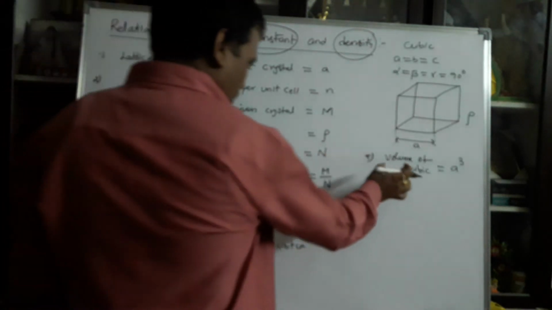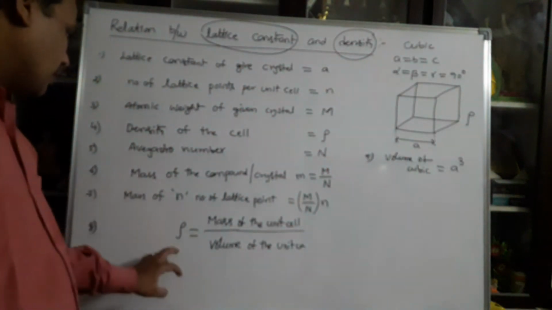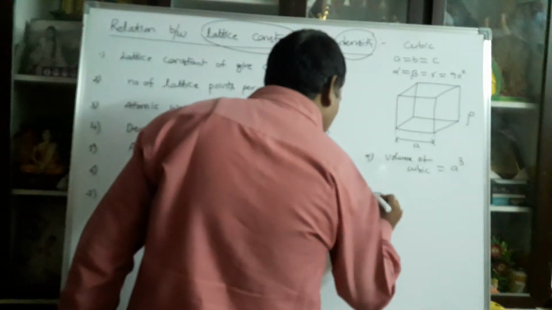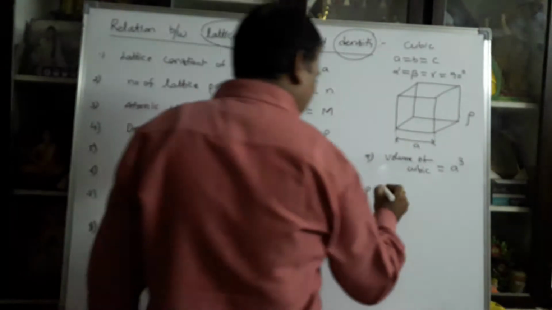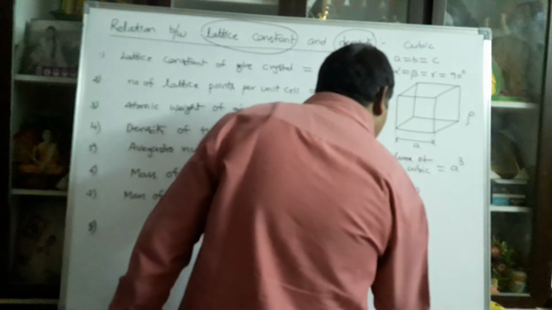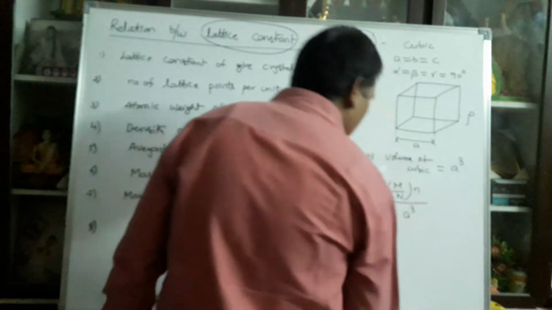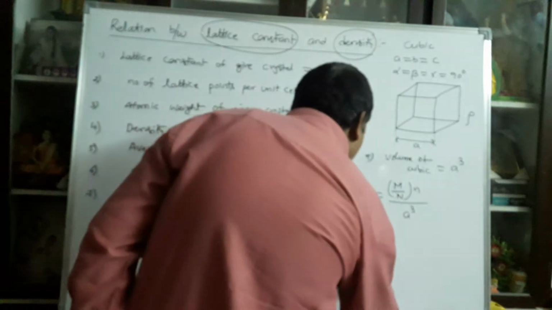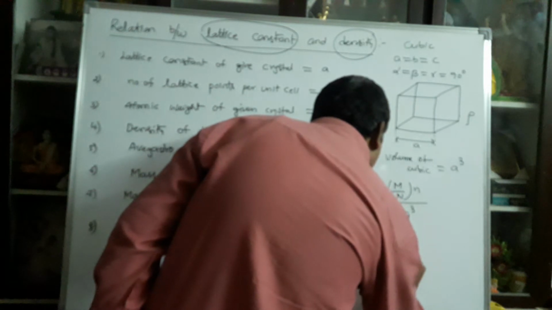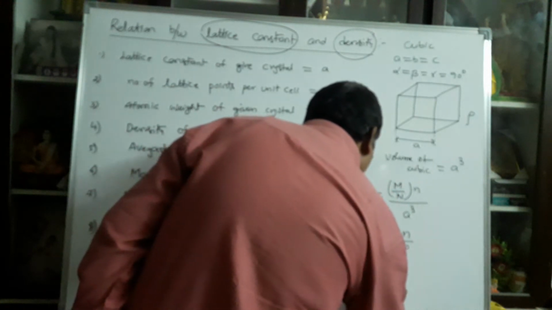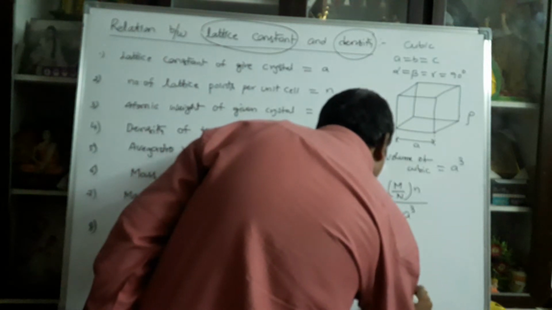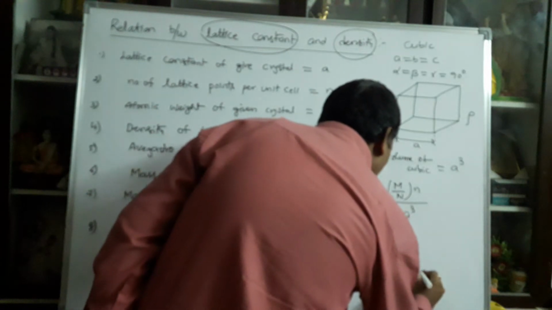Substituting the seventh and ninth, density rho equals M by N into n divided by a cubed. So a cubed equals M n by N rho, and a equals (M n by N rho) whole power 1 by 3.